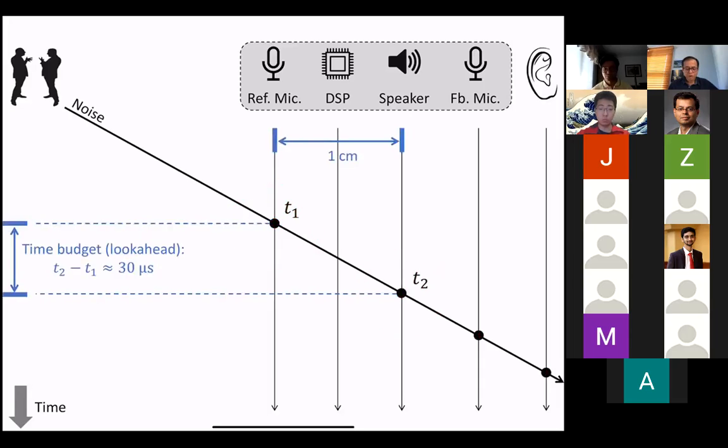Your reference microphone is getting the sound at T1. The reference microphone gives the signal to the DSP, and the DSP has to compute W, that vector, and give W transpose times S to that speaker.